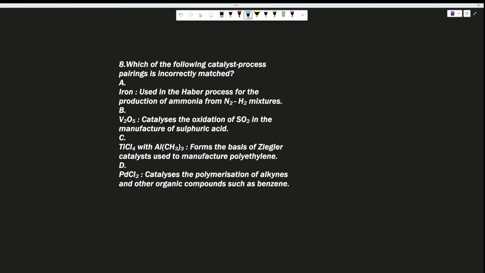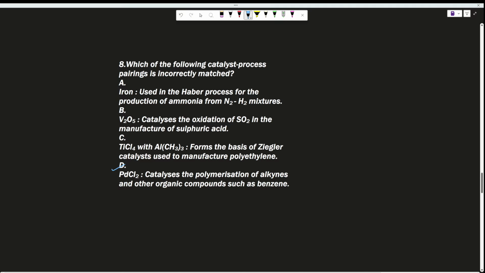Yes, it is correct. V2O5 catalyzes the oxidation of SO2 to SO3. That is correct. Then TiCl4 with Al(CH3)3, this is the Ziegler catalyst, for manufacture of polythene. Correct. That means D must be incorrect.